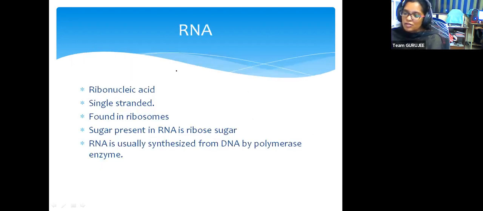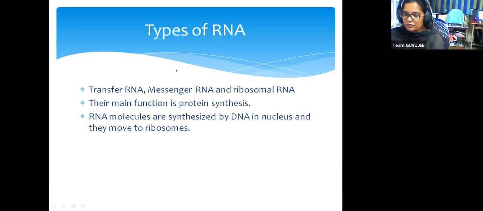Okay, so these are some points regarding RNA. RNA is ribonucleic acid. They are single stranded. The sugar present in RNA is ribose. Next, tRNA, mRNA, rRNA are the important types. Their main function is protein synthesis.